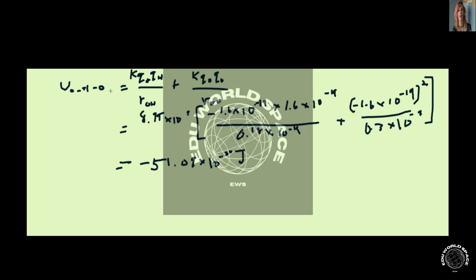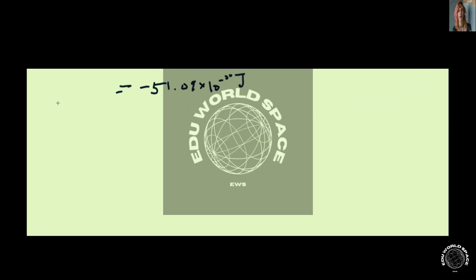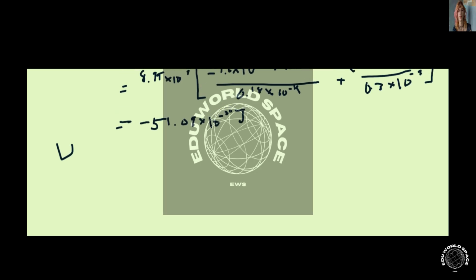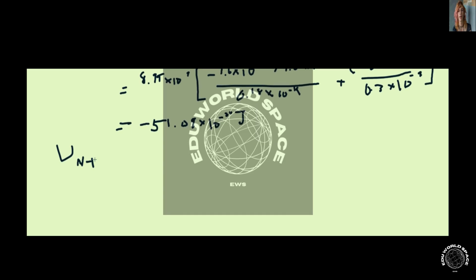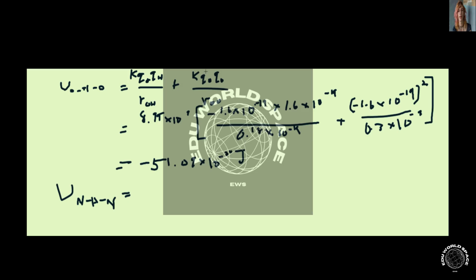Now if you look at the potential of the next bond, which is the nitrogen, so UNH, we can set this equal to, once again, the same formula as up here, except we switch out the different variables for these new molecules.